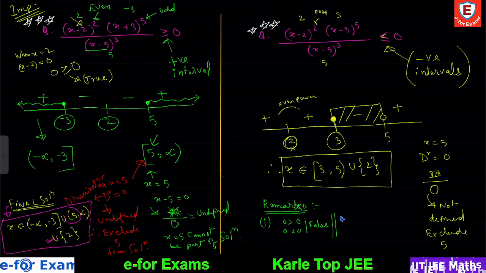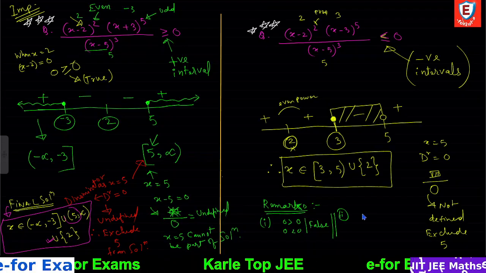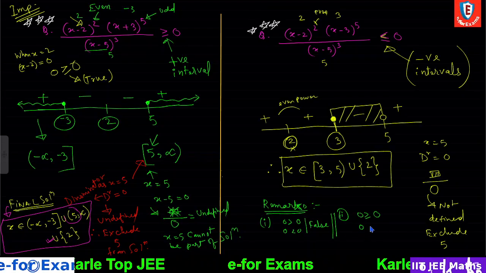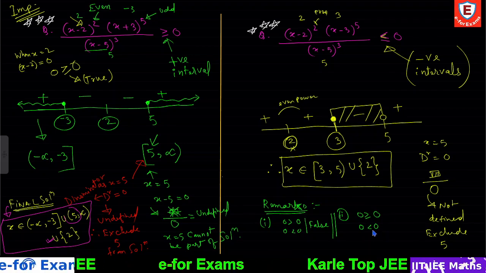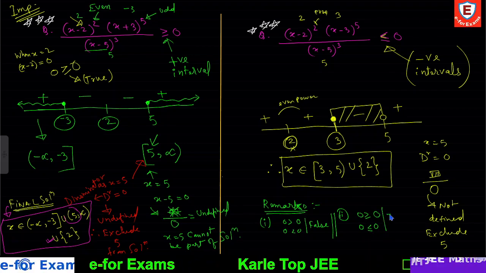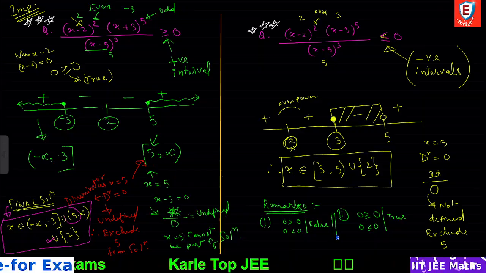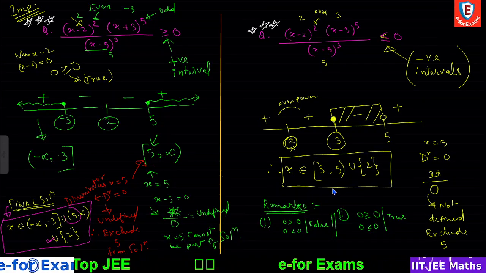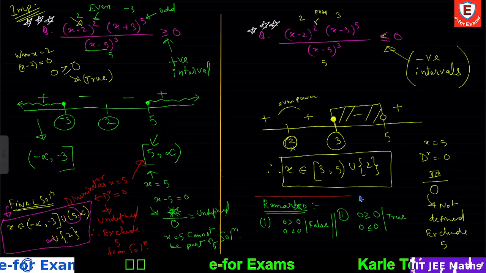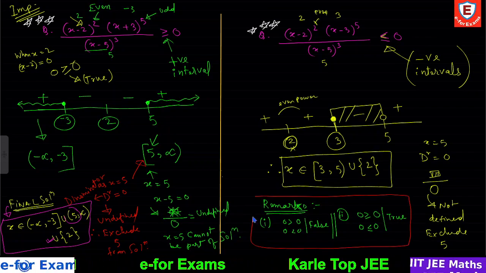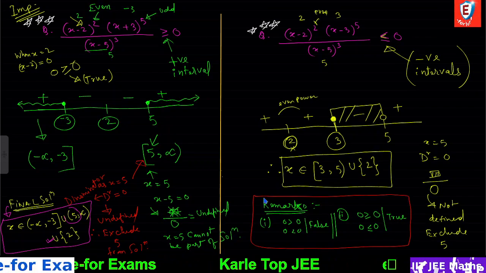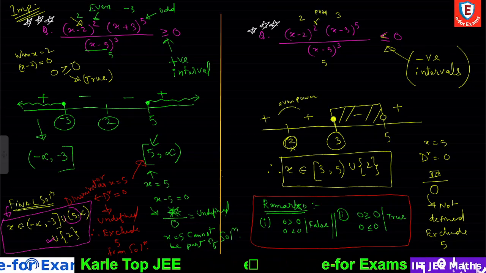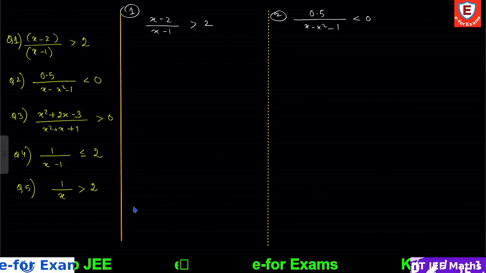But point number 2: 0 greater than or equal to 0, 0 less than or equal to 0, this is true. Okay, remember this point. Now let's go to the next question.